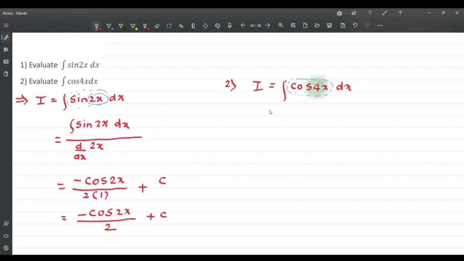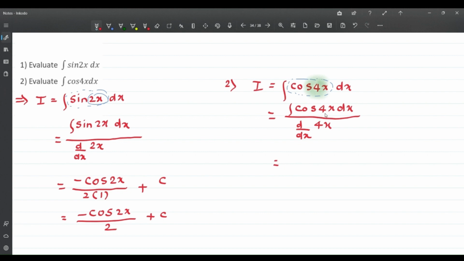So let us solve this example. First, integration of cos 4x dx divided by the derivative of the second function. What is the second function here? 4x.